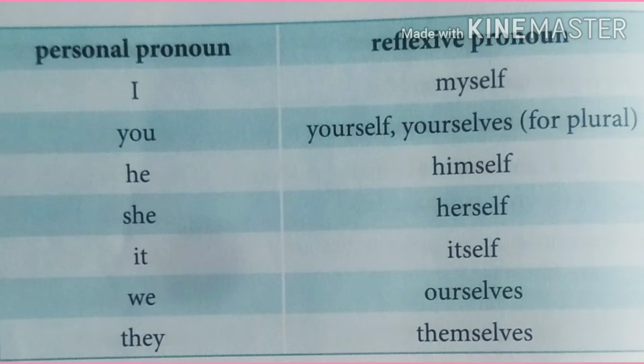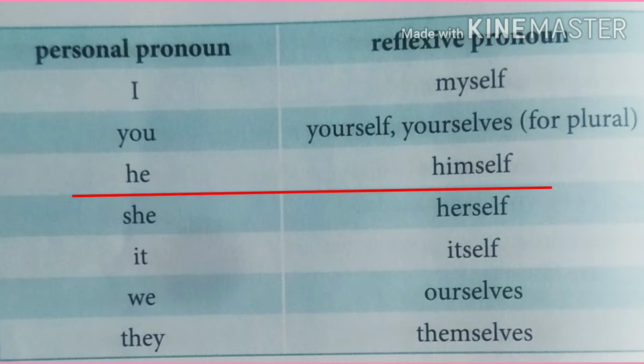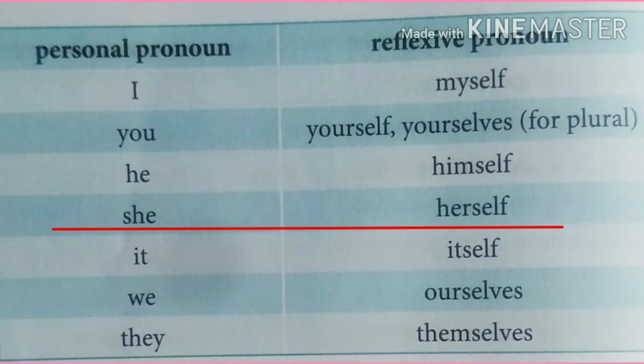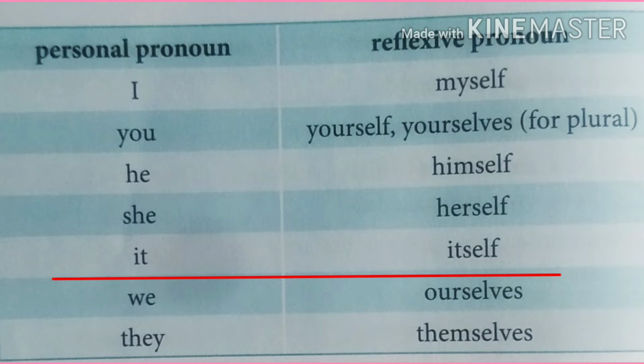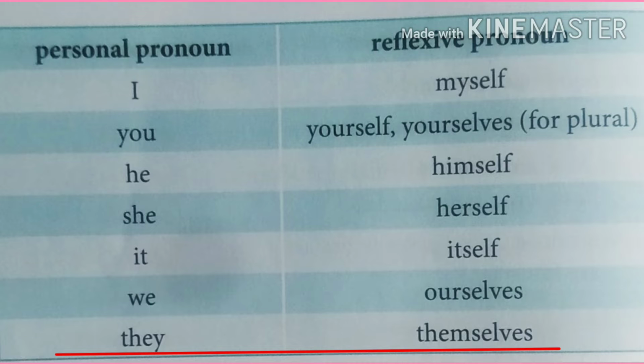As you can see here in the table, with I, we use the reflexive pronoun myself. And with the personal pronoun you, we use yourself for singular form and yourselves for plural form. Okay. And with he, we use himself, she, herself, it, itself, we, ourselves, and they, themselves.